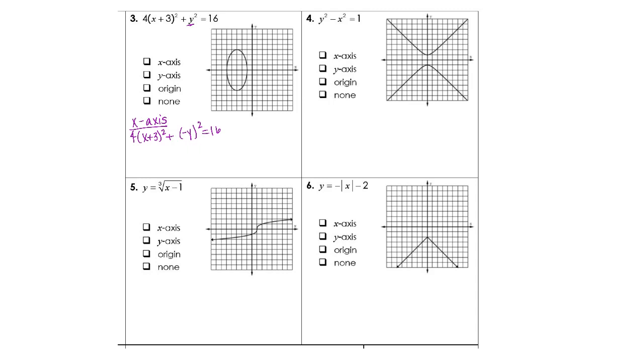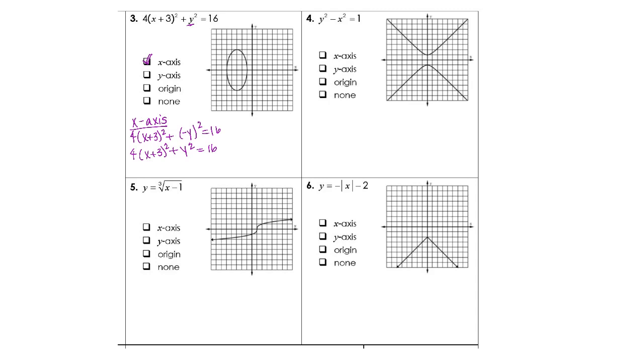Notice when I square that negative y, it should maintain the same exact equation that I started with. And notice it does, so that means we are symmetric about the x-axis.